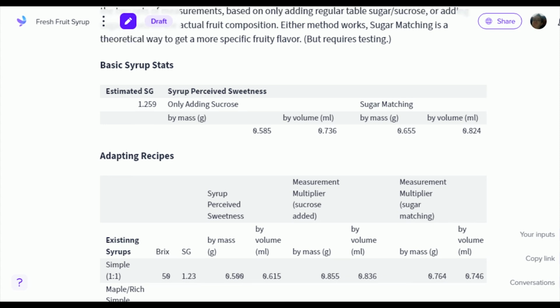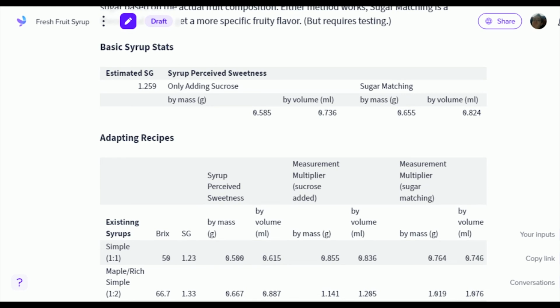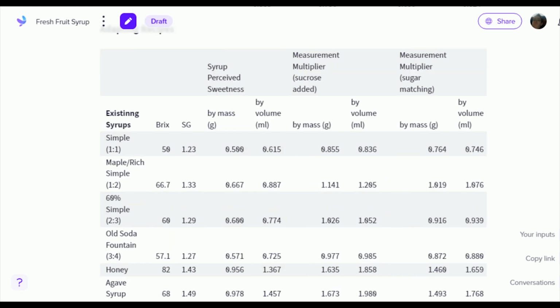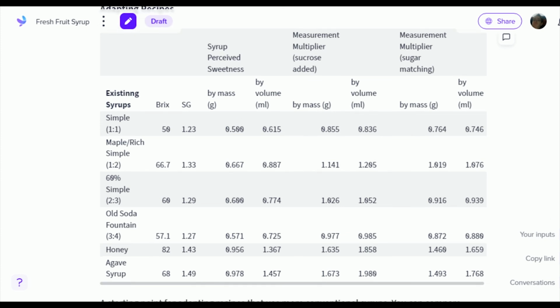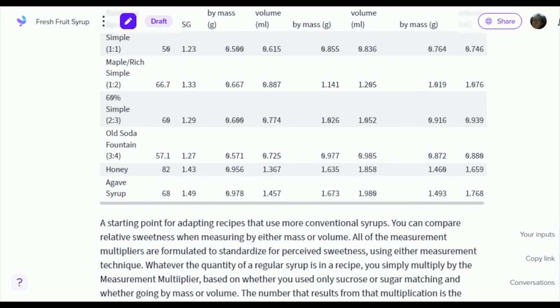Obviously, the perception of sweetness of even specific types of sugar varies from person to person and also based on things like temperature. But the final tool is attempting to give you guidelines of if you're trying to achieve the same sweetness, either by volume for cocktails or by mass, you can see how things compare to pretty standard syrups.